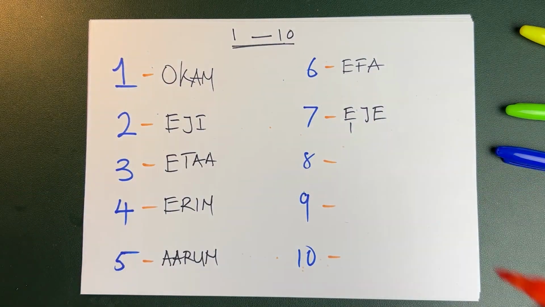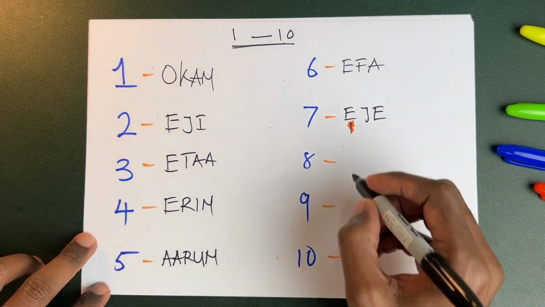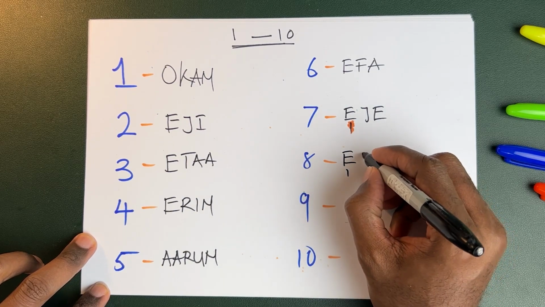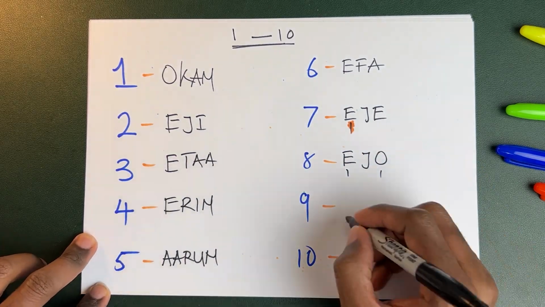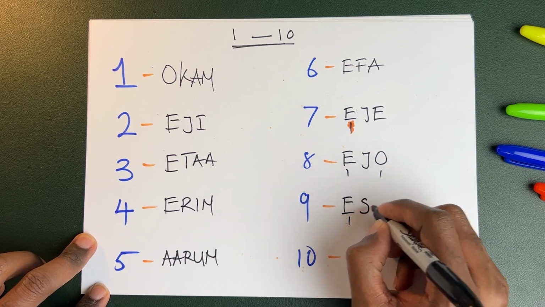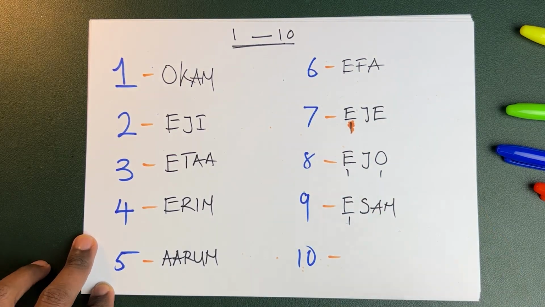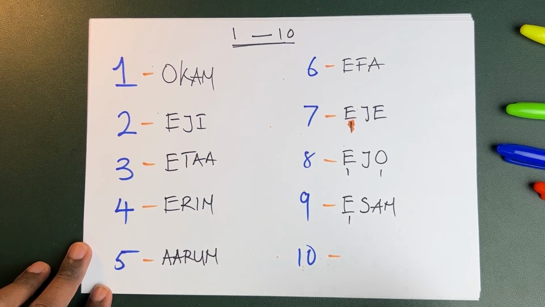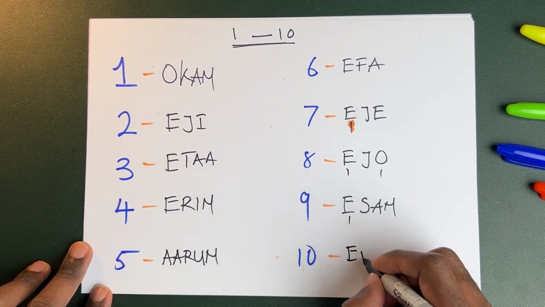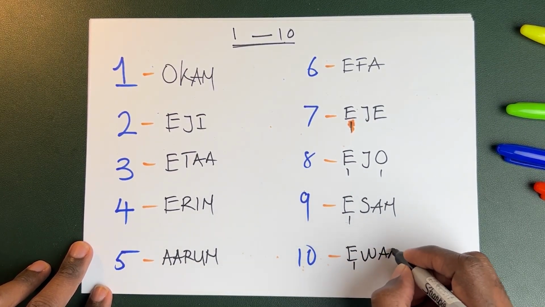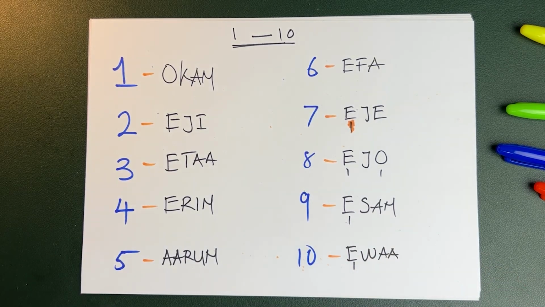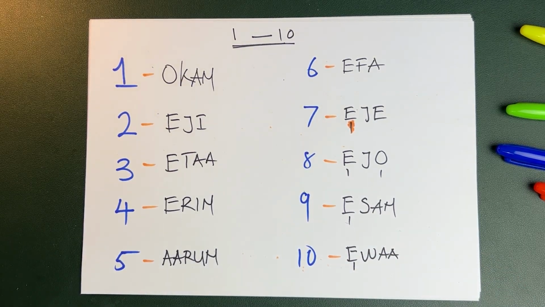Allow me to cancel that out, that should not be there. 8 is Ẹ̀jọ. 9 is Ẹ̀sán. 10, number 10 is Ẹ̀wá.